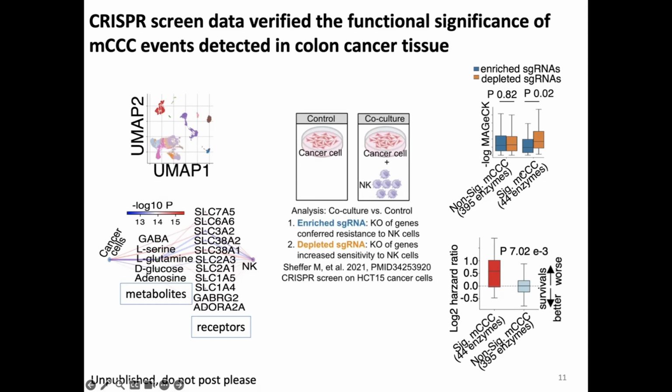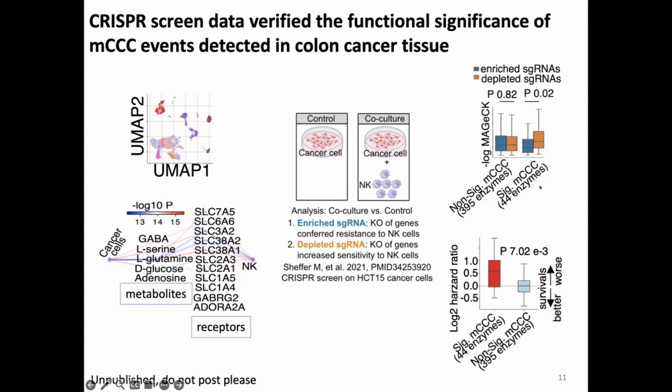So what we found is, when the genes involved in the metabolite-mediated communication between the cancer cells and the NK cells are knocked out, the proliferation of the cancer cells is significantly impaired, suggesting those communications mediated by the metabolites are likely protecting the cancer cells from being killed or suppressed by the NK cells.